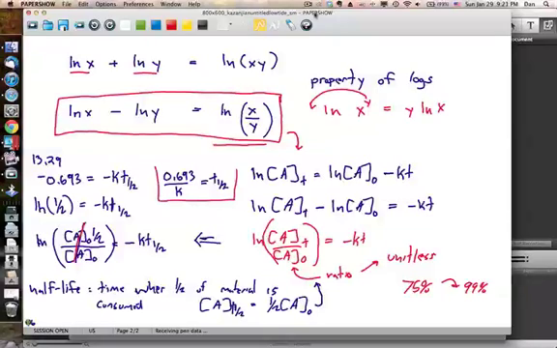So for any first order reaction, regardless of the reaction, when half of the material decomposes, it will take exactly that. A good example of this is problem 13.29 in your textbook.